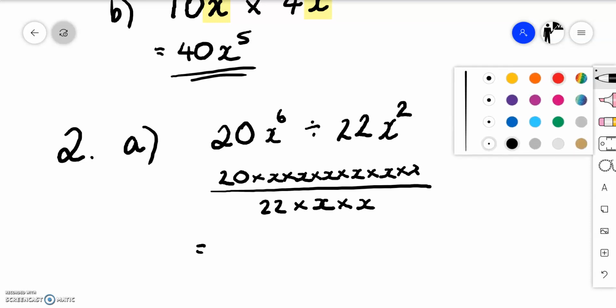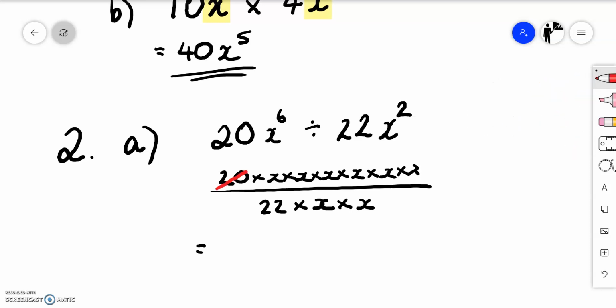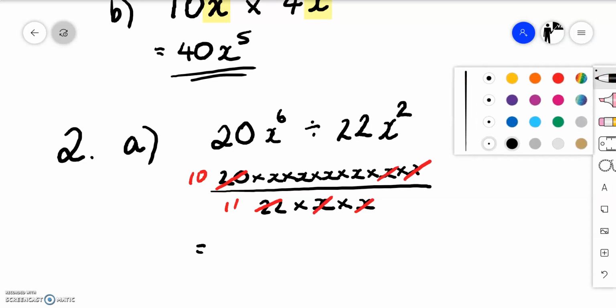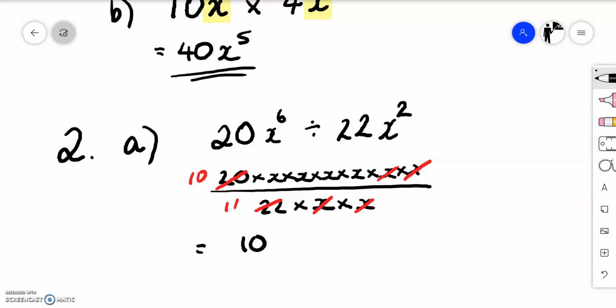Well, hopefully you can see here that we can simplify our numbers. 2 goes into this 10 times and into this 11 times. And this x would simplify with this x, for example, and this x could simplify with this x. So what am I left with? Well, I'm left with 10. 1, 2, 3, 4. I've got 10x to the power 4 over 11.